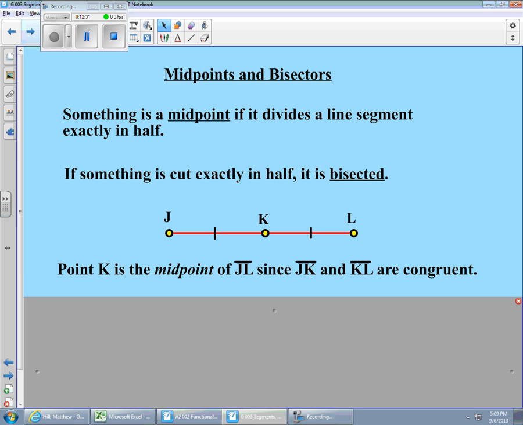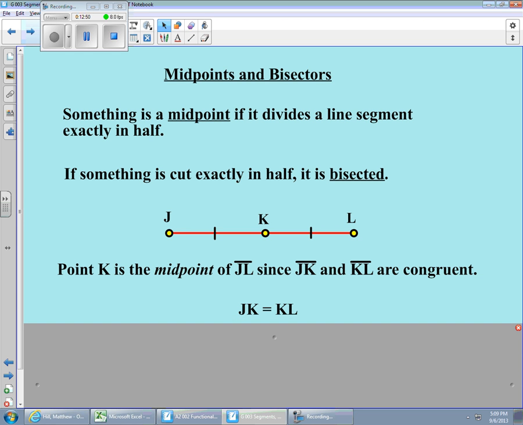So a statement that could be made is that point K would have to be the midpoint of line segment JL because, or since, line segment JK and line segment KL are congruent. Other information coming out of this is the length from J to K is equal to the length from K to L. And remember what we talked about the other day: here we have JK back to back with no marking over the top of them.